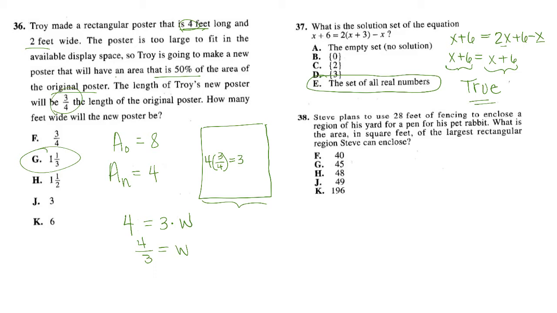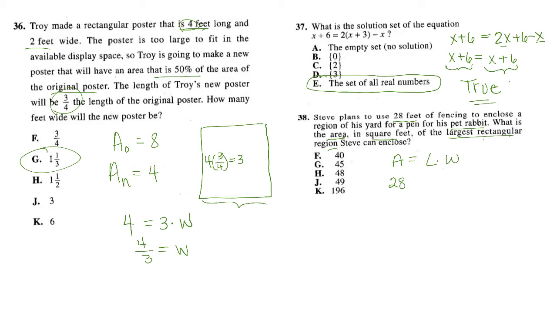All right, so for number 38, Steve plans to use 28 feet of fencing to enclose a region for his pet. And what is the area in square feet of the largest rectangular region Steve can enclose? Well, that means I know area is equal to length times width, and I know that the perimeter is 28, and it's going to be a rectangle.